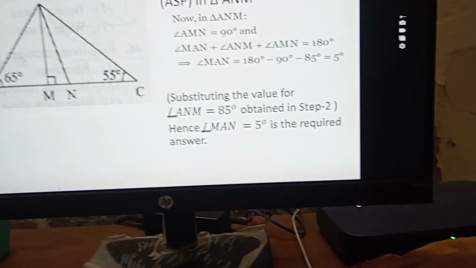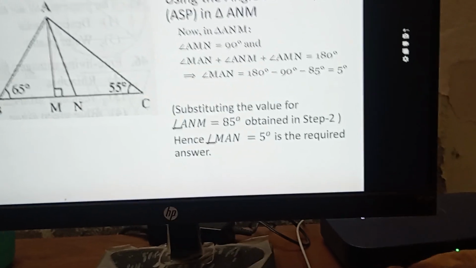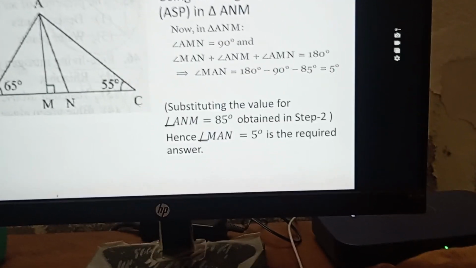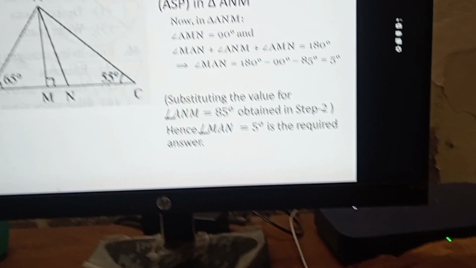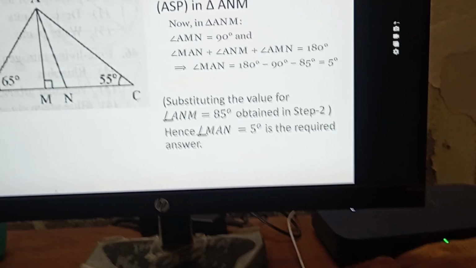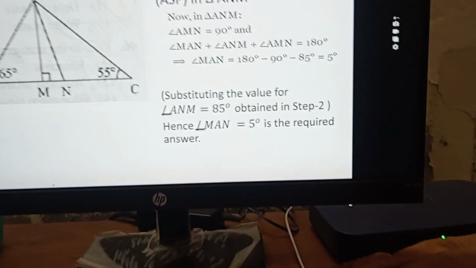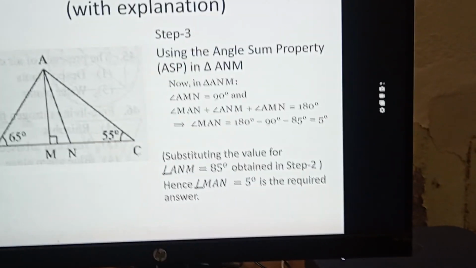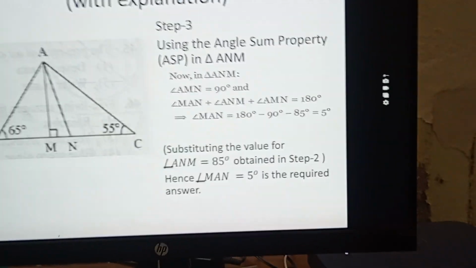Actually, what we have done here is substituted the value for angle ANM equal to 85 degrees obtained in step 2. We can go back to step 2 to see that we have found angle ANM is equal to 85 degrees.